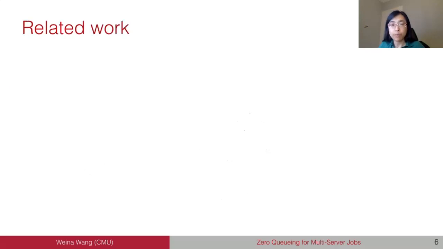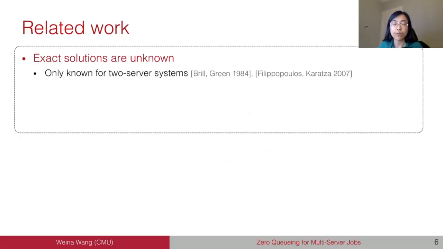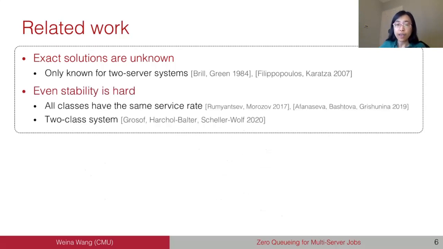So this model has been studied in the literature, but little progress has been made in terms of understanding latency of jobs. The exact solutions of steady state distributions are only known when we have a system with two servers. And in fact, even characterizing the exact stability region is hard.